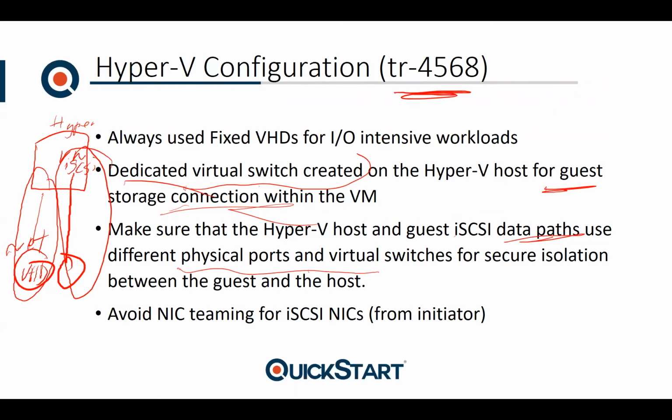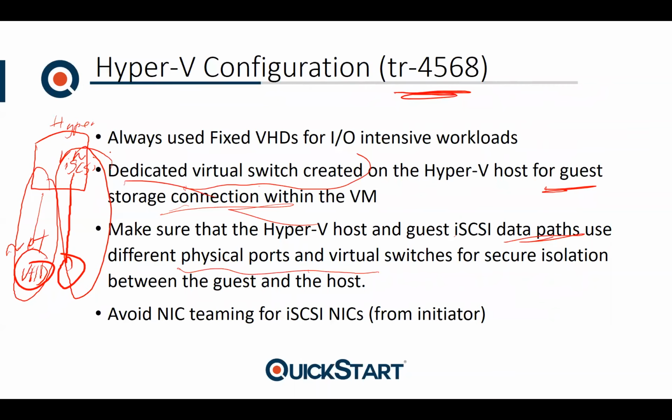So you really want to separate out that traffic as much as you possibly can when you have Hyper-V using storage for VHDs over in my NetApp cluster, and I've got guest VMs that directly want to mount LUNs and such over on the storage system. So totally separate them out.